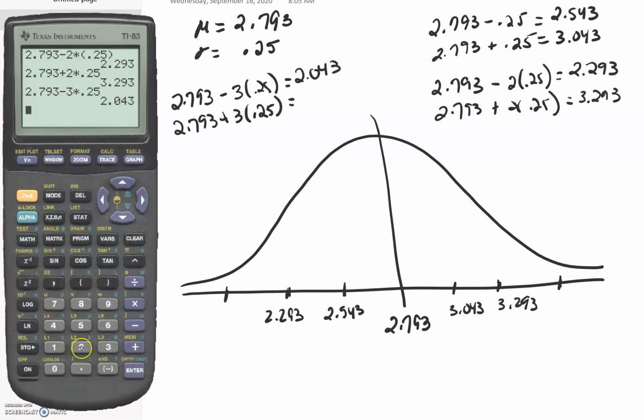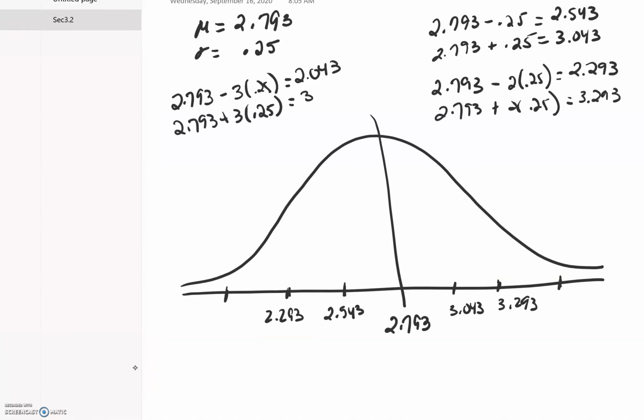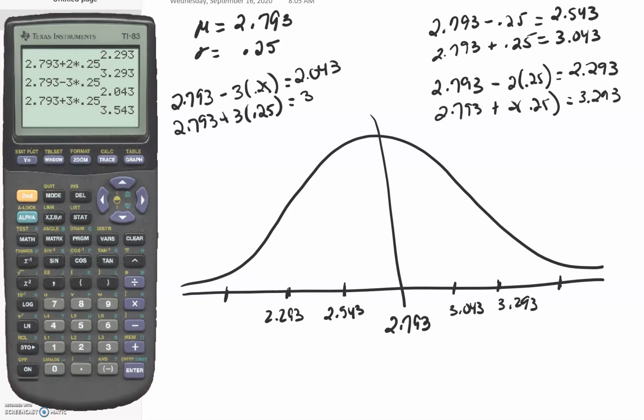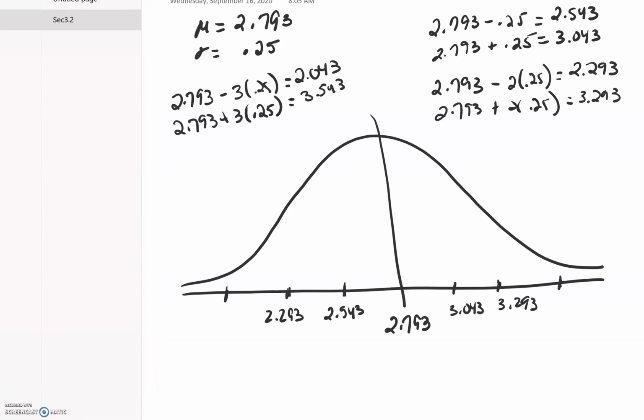And then I do 2.793 plus 3 times 0.25. So I'm just using decimal numbers so you can see that you can do this also with decimal numbers. That was 3.543. So here is 3.543, and this is 2.043. So 68% of the data is within the first standard deviation.